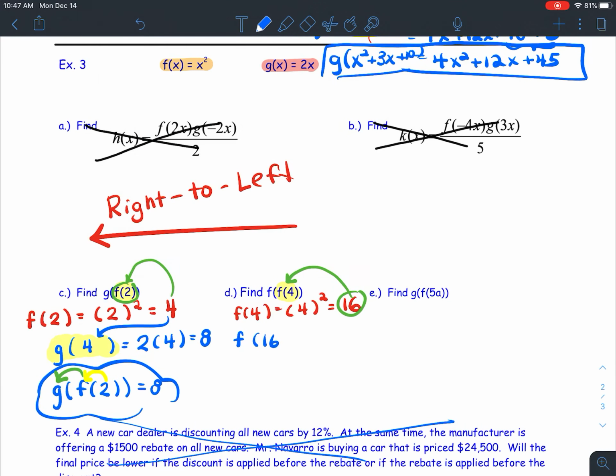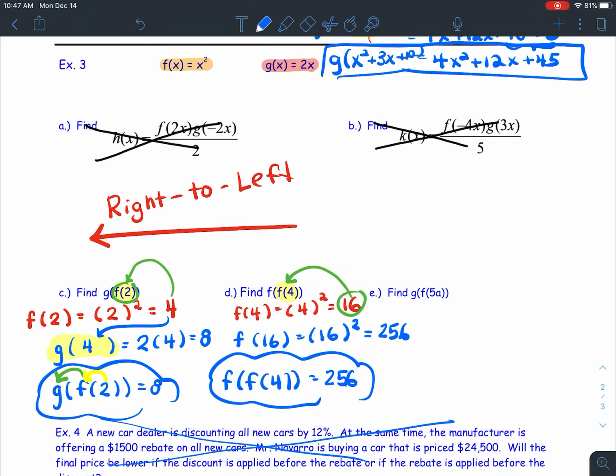I still have an f to the left of it. Okay, that's this f right here. Okay, so now this is asking me to do f of 16. So I go back, I plug 16 now into function f for all the x's. 16 squared is 256. I'll label this the original way. f of 4 is 256.